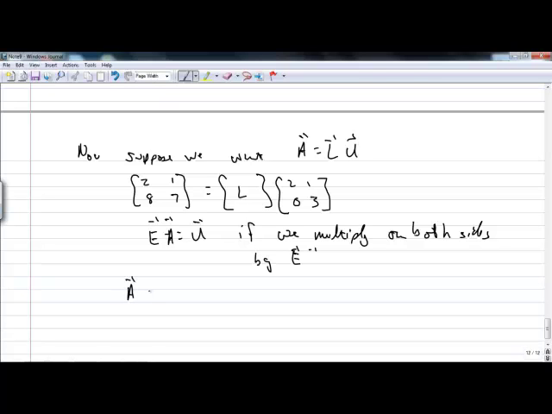Multiplying on the left-hand side, I have E inverse E times A equal to E inverse U. This gives me an identity, and I get A is equal to E inverse U. So this connection between A and U is the inverse of the E matrix. In other words, L is equal to E inverse.